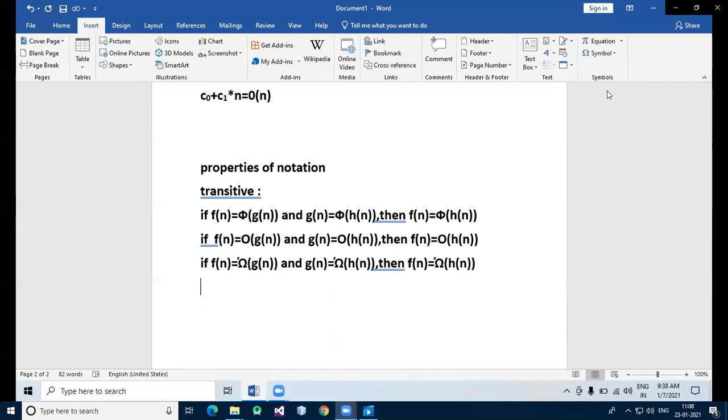The next is the reflexive property, reflexivity.